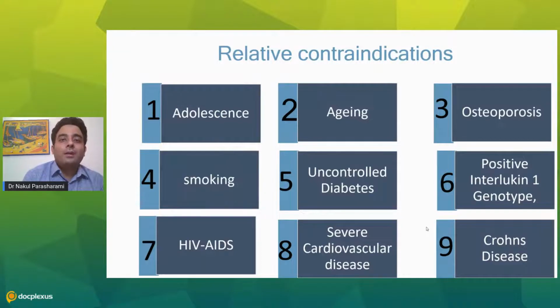We can wait up to the age of maybe 19 onwards, and then the patient can undergo treatment. A severely aging patient: aging per se is not a contraindication, but for a very frail aging patient, you can maybe give a complete denture. Osteoporosis: the chances of implant failure are again high in such cases.